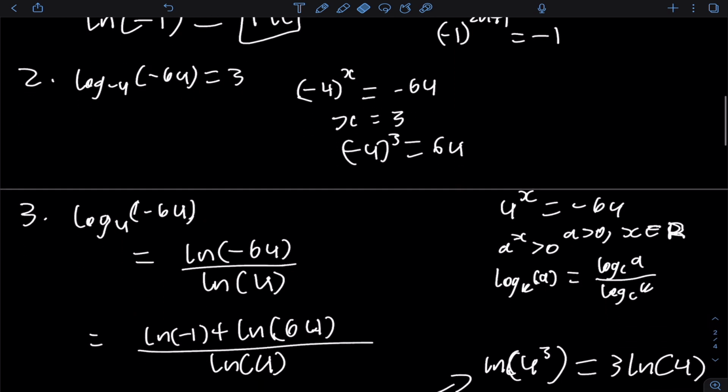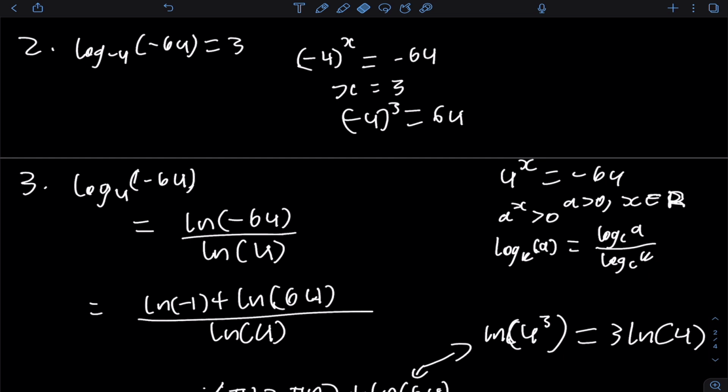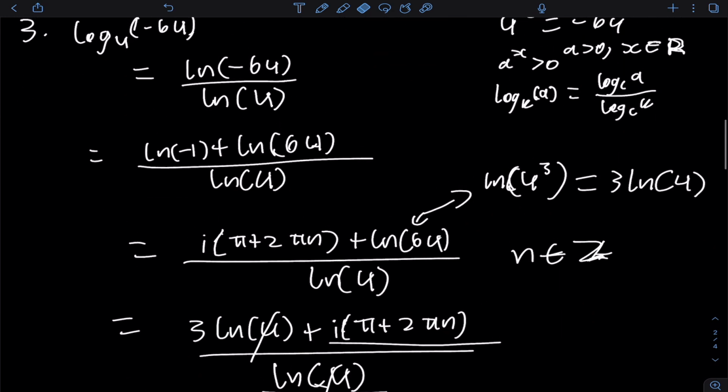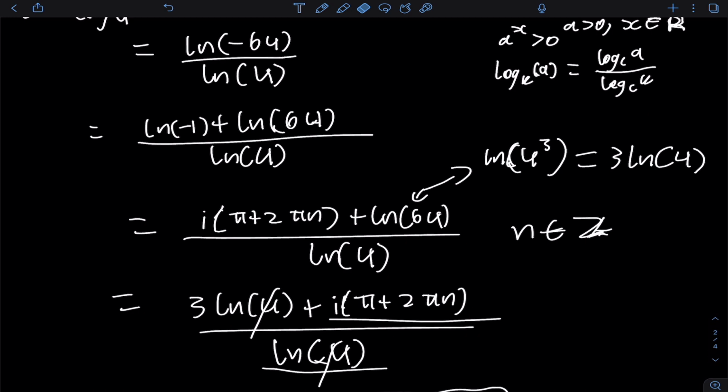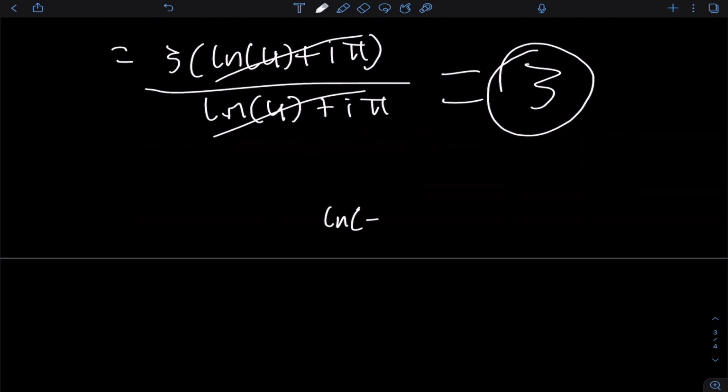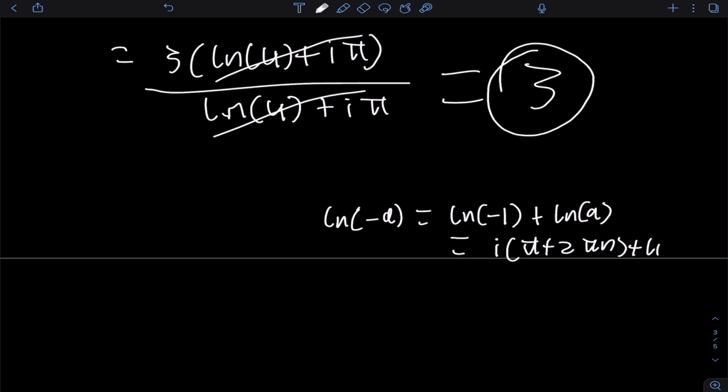And then finally, we looked at two examples of taking logarithms with different bases, and what we saw is that the change of base formula helps us a lot, and when dealing with natural log of larger negative values, we can split it up into -1 times that positive value. So if we have the natural log of some -5 or -a, just to generalize it, that's the same thing as the natural log of -1 plus the natural log of a, which is just I pi plus 2 pi n plus the natural log of a.